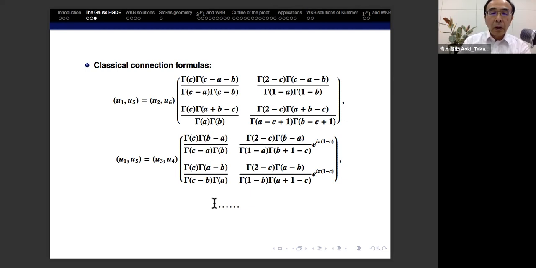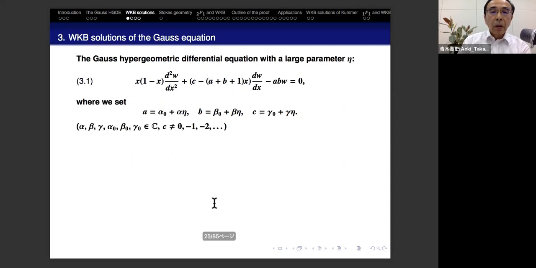So as I said earlier, we introduced the large parameter eta in the parameters contained in the hypergeometric differential equation in this form.